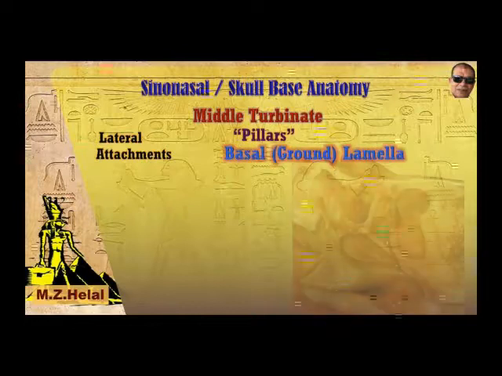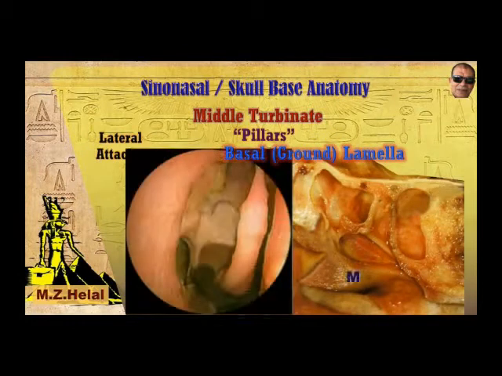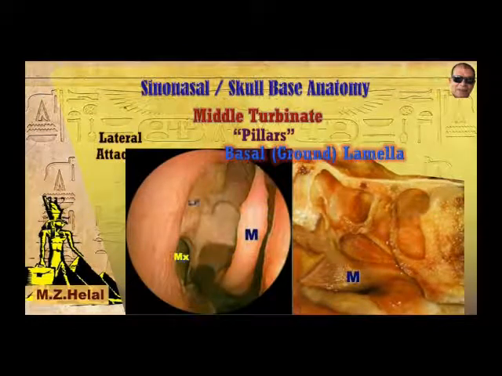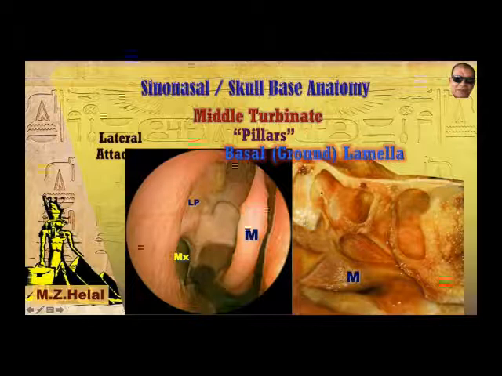The second lamella, which is very important, is the basal lamella. Here is the middle turbinate, here is the maxillary hiatus, and here is the lamina papyracea. The best description for the basal lamella is that it is composed of three portions. The first one is here, oriented in the coronal plane vertically, and then it goes backward and inferiorly.